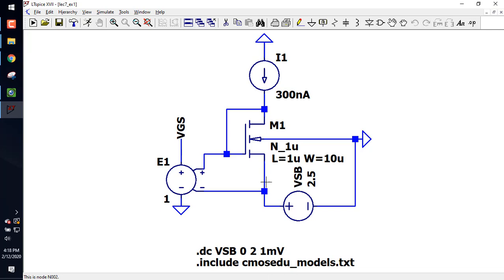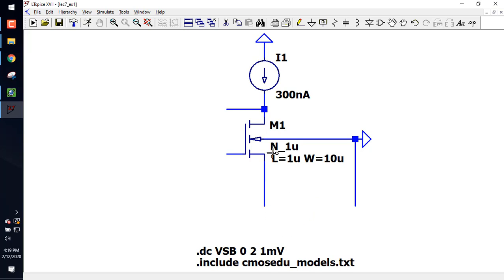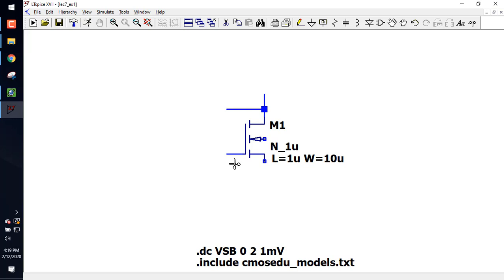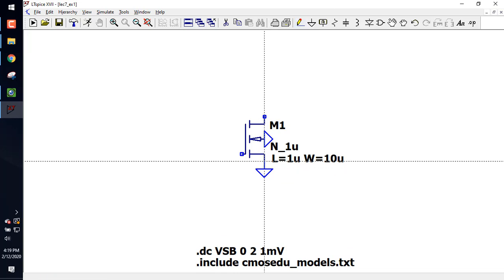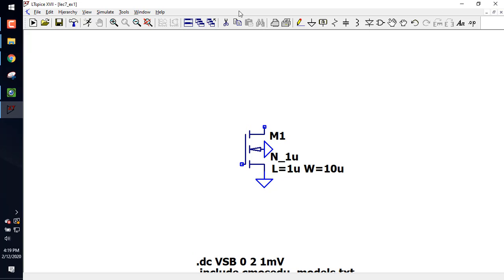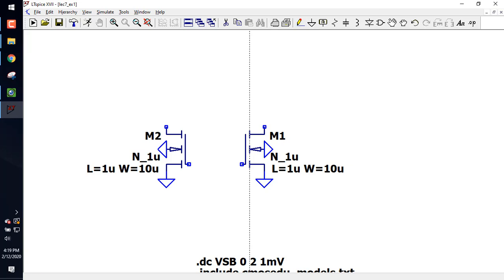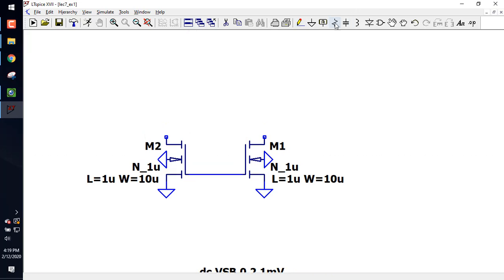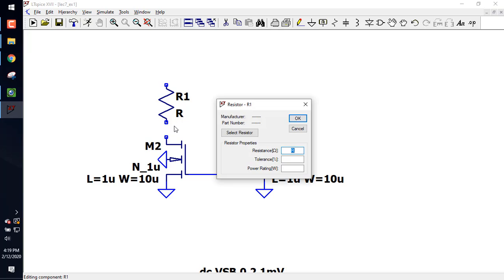Let's get rid of all this and just draw from scratch. Control E. Coming over here, get out the pen. And go here. Right click on this, 200K.